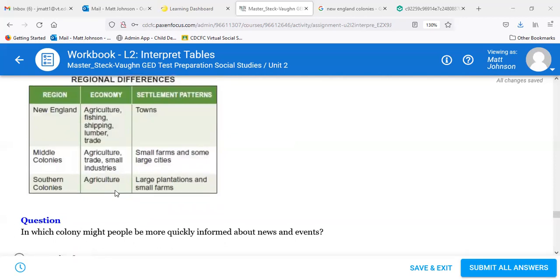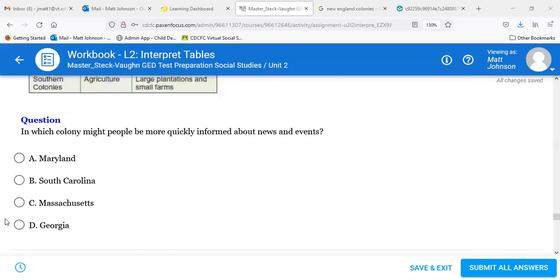C, Massachusetts. C is in cat, right? At that point, your population density is how news is going to spread. It's going to take a lot longer to get information or news around South Carolina and Georgia, because even though there's more people, the population density is spread out, right?